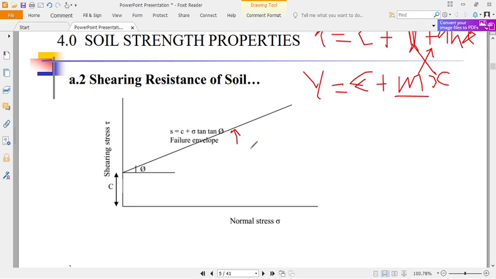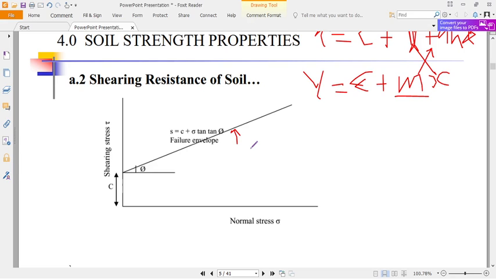The shearing stress results from this force divided by the plane area. Then the angle will be the shear strain.